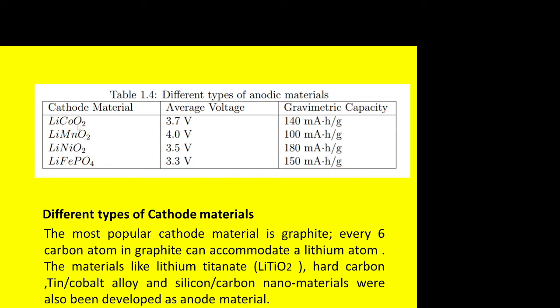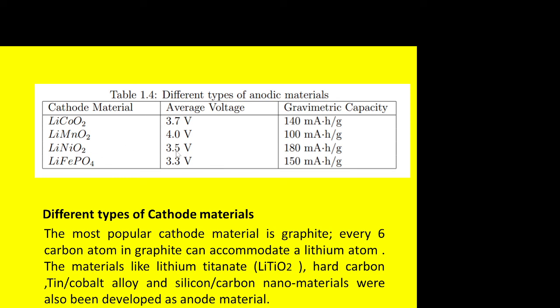Instead of lithium cobalt oxide, we can have lithium manganese oxide, where we have lithium plus ion and Mn 3 plus ion, and the voltage we get is 4 volt, and the gravimetric capacity is only 100. And lithium nickel oxide battery is another promising one, which can be used in various applications.